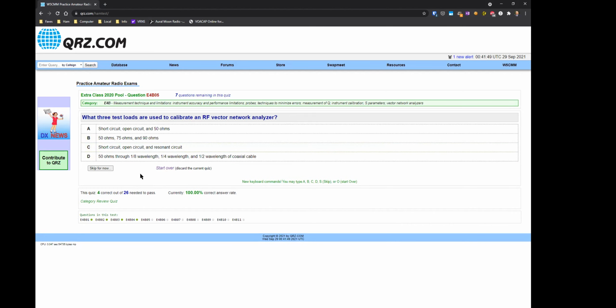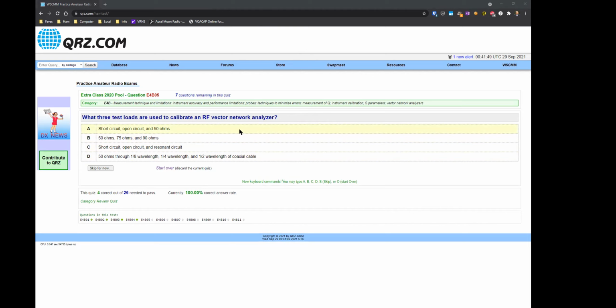What three test loads are used to calibrate an RF vector network analyzer? A. Yeah, that's going to be A. And let me show you guys what a network analyzer looks like.